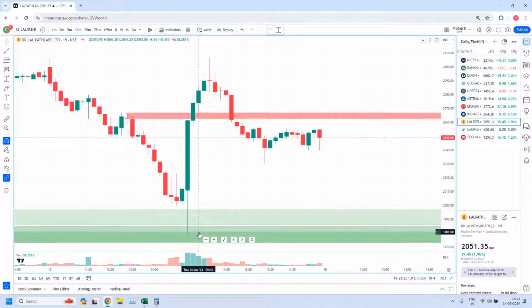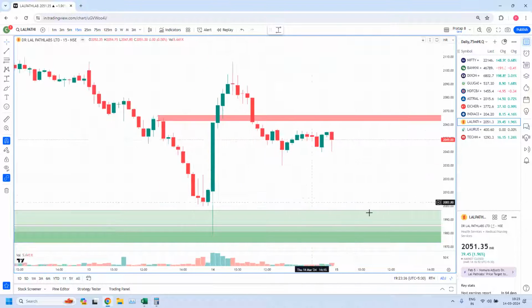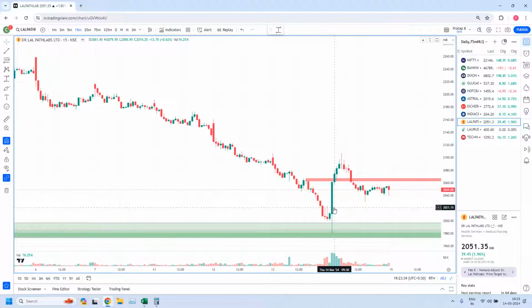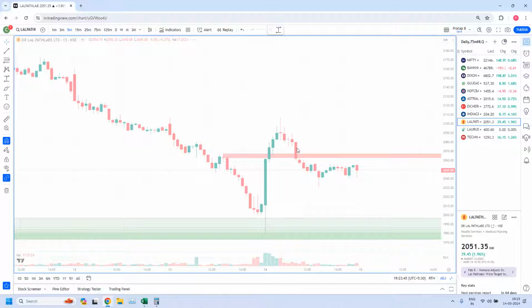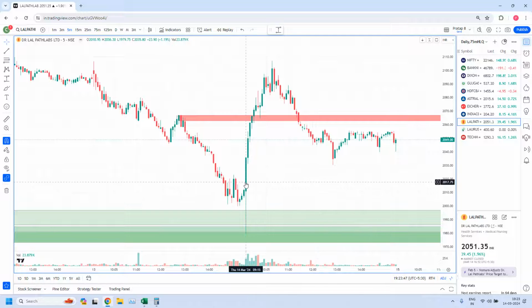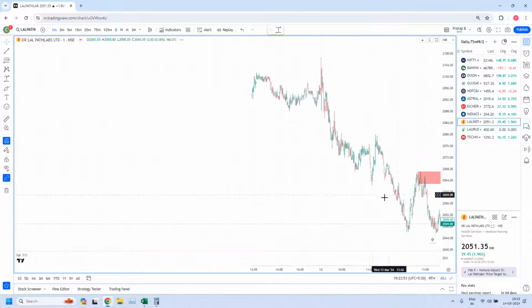You got 81 rupees profit in Lalpath Lab. In which candle has it given? At the 9:15, 15-minute candle. If it is 5 minutes, 9:15, if it is 1 minute.